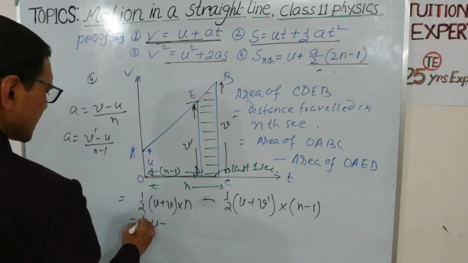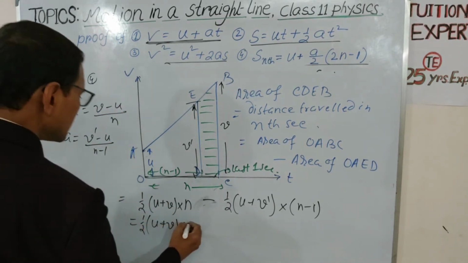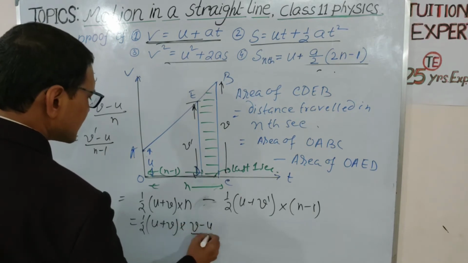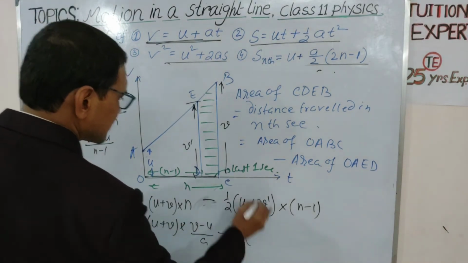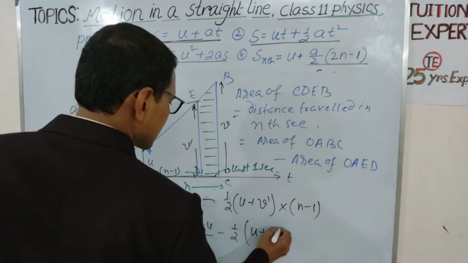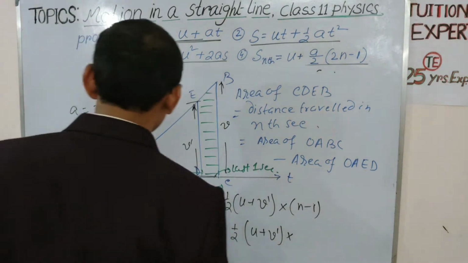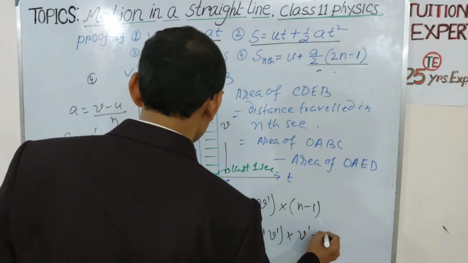Now put here half u plus v into n. From this we get n equals v minus u by a, and u plus v dash into n minus 1. What is n minus 1? n minus 1 equals v dash minus u by a.